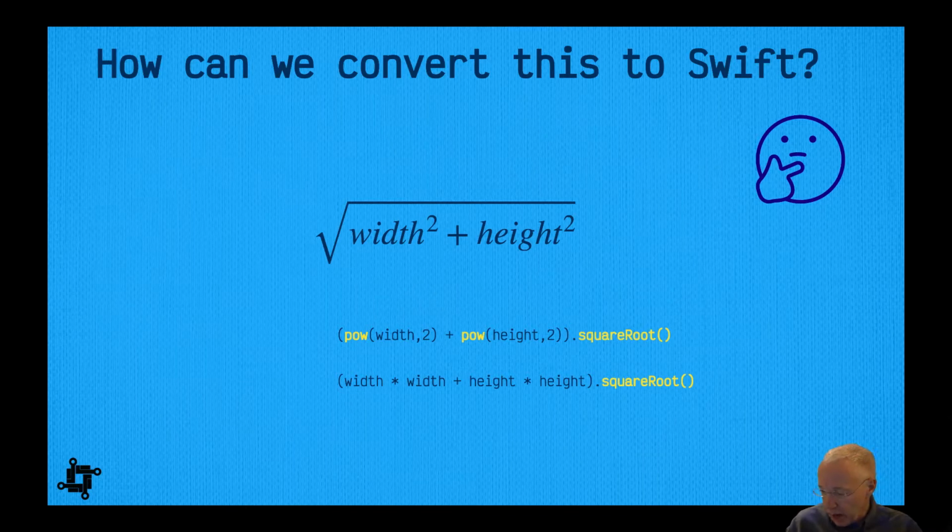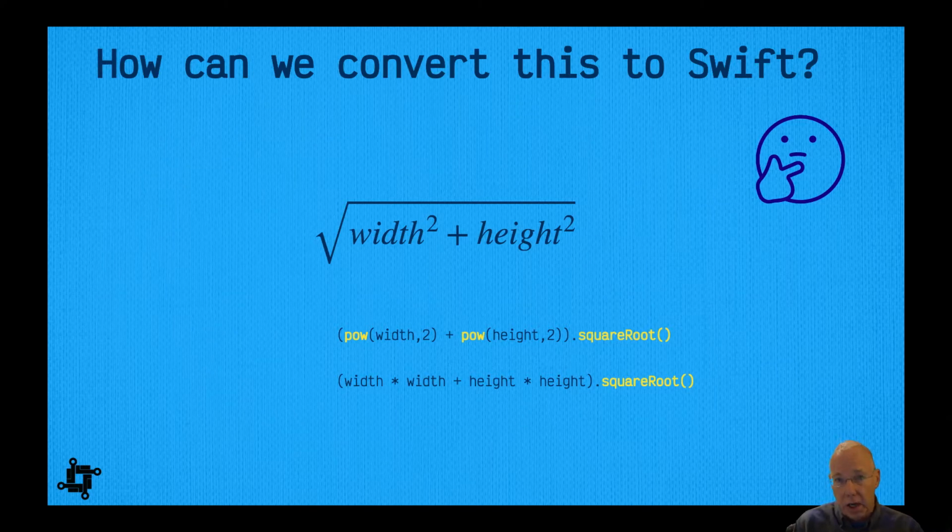So we have pow with an open paren, closed paren, two arguments, where the first value is going to be raised to the power of the second value. So here is pow of width to the power 2, which is width squared, pow of height, so that's height squared. And then this whole thing, which we have in parentheses, is actually a double.